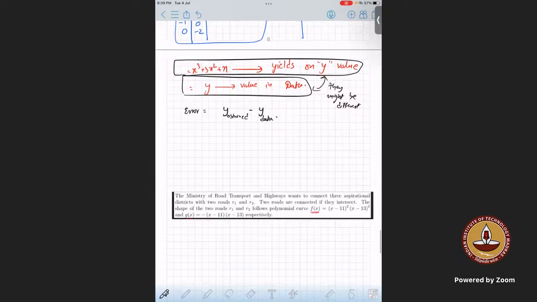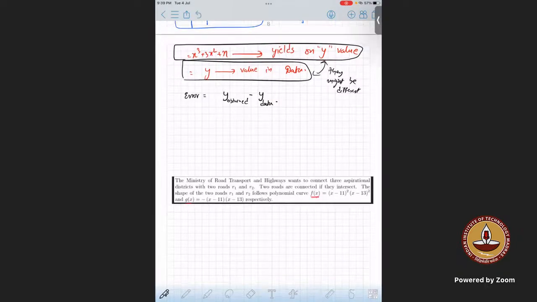But we don't like this error because it can be positive or negative. If we add the errors, sometimes the sum might become 0. So we will square the error: square of the error equals y obtained minus y data, whole square.